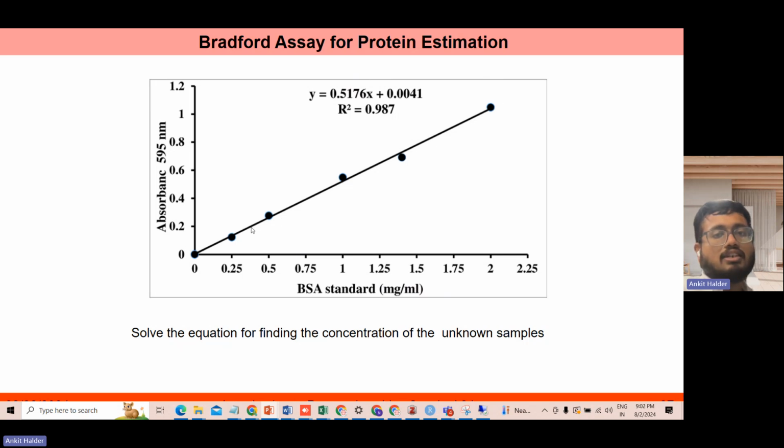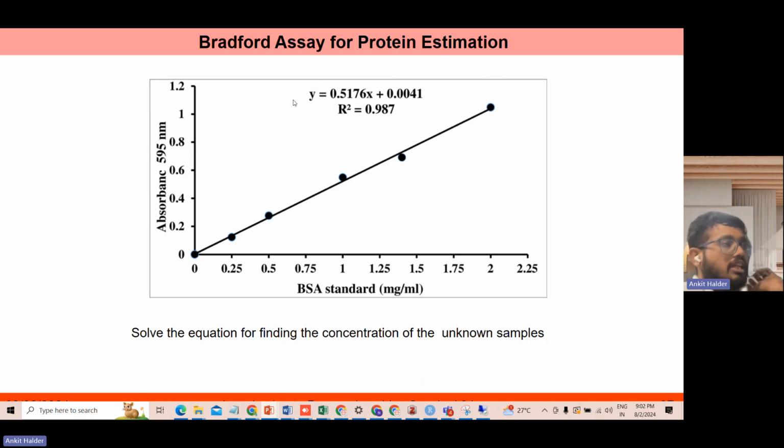This is the trend line on the basis of the absorbance points that you have observed for your known standards. So you will be drawing this absorbance to the curve here, and wherever it reaches, you will drag it down. Wherever the concentration comes, that is your unknown concentration. In this way, you would be solving the unknown concentration.